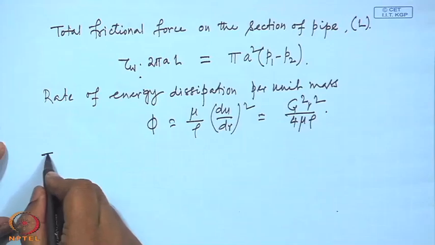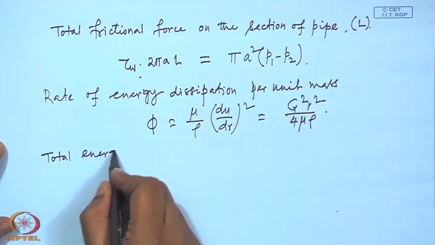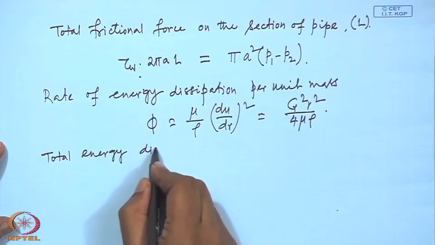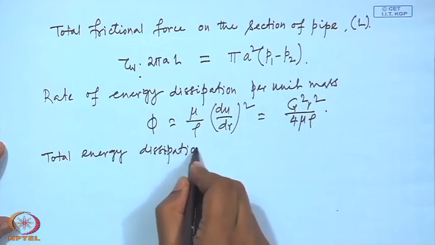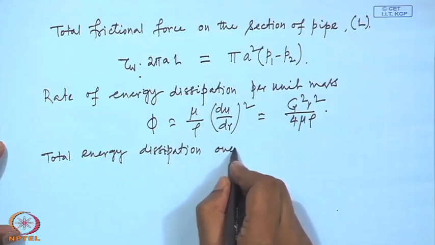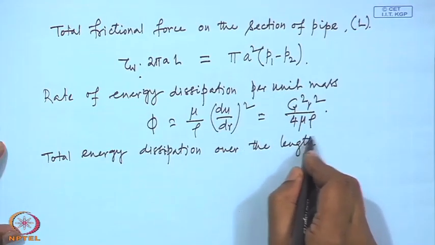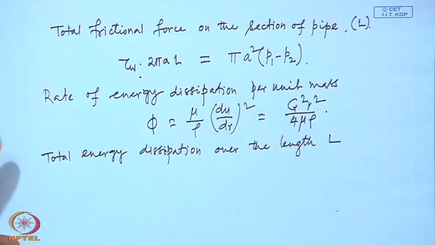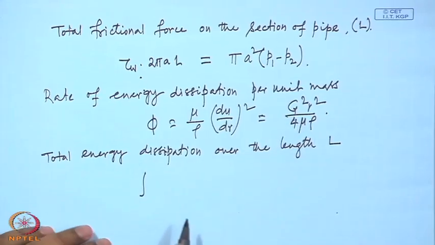So, total energy dissipated over this section of length L, this has to be integrated over the length.